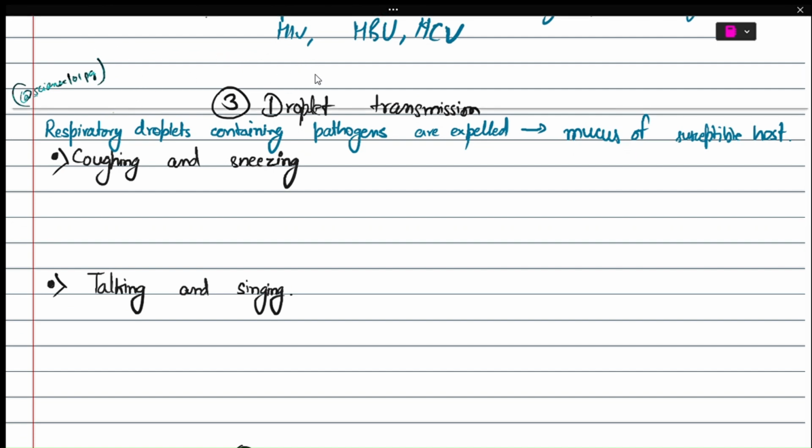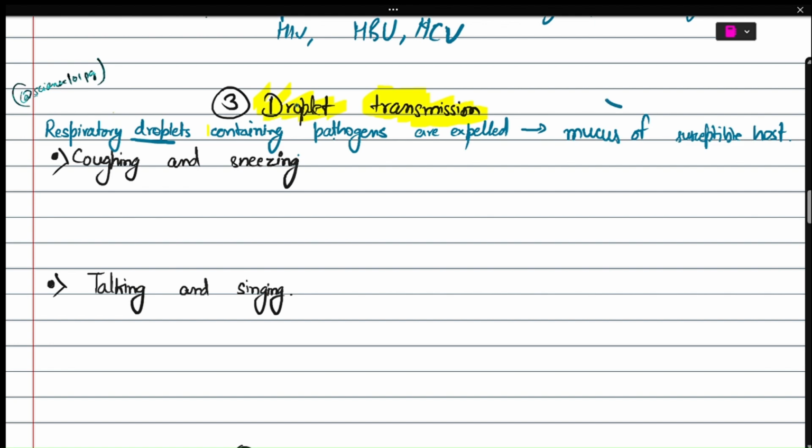Let me mark it so that it can be easily visible. Then we have the droplet mode of transmission. Now you will ask what are these droplets? So basically, droplets or respiratory droplets are, you can say, our mucus. Yes, it is mucus which is more than 5 micrometers in size.